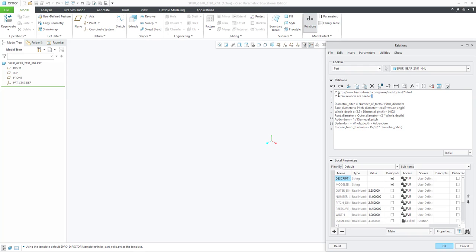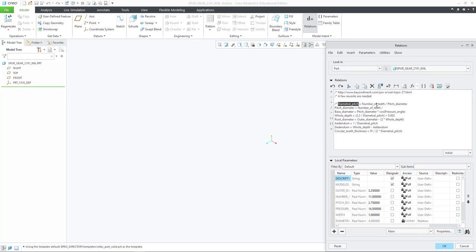So the first issue I have with this setup is that the diametral pitch is calculated based on the pitch diameter, but really the diametral pitch needs to be an input. So we need to rewrite this equation and instead have the pitch diameter calculated based on the number of teeth divided by the diametral pitch.